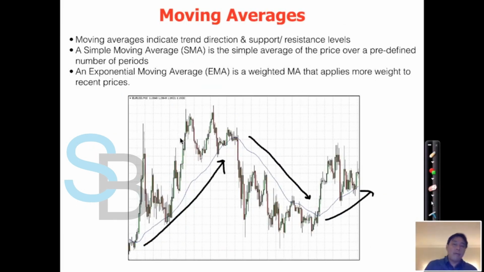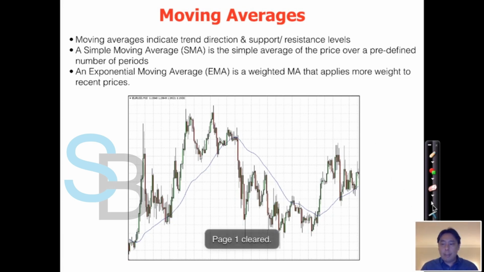Now there are two kinds of moving averages: simple moving averages, SMA, and exponential moving averages. What's the difference? A simple moving average means you average the price over a predefined number of periods equally. So for the 50 simple moving average, you take the last 50 periods and divide by 50 equally.